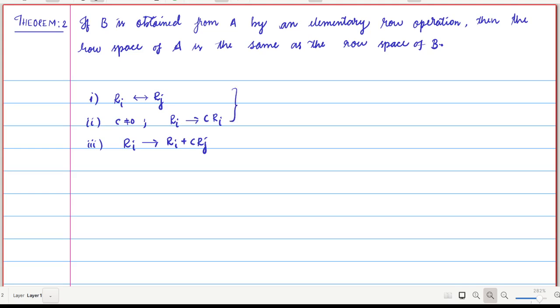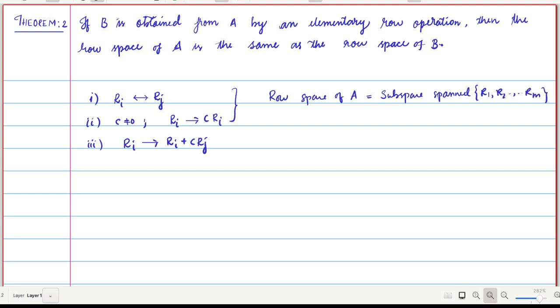rows, we know that the row space of the matrix A is the subspace spanned by all the rows R1, R2, etc., Rm.